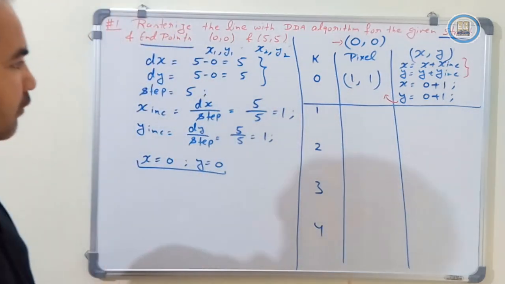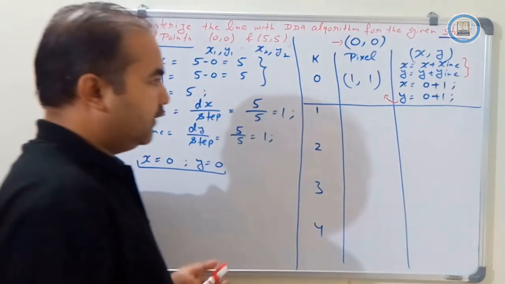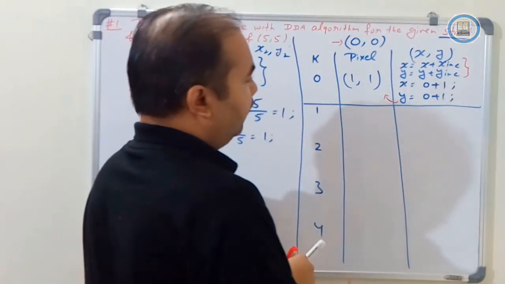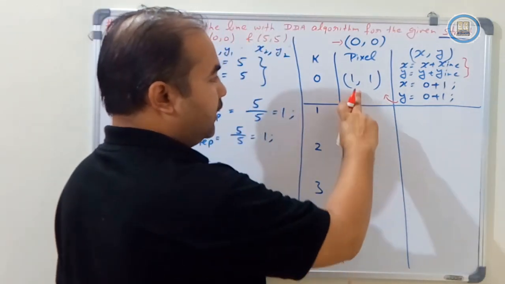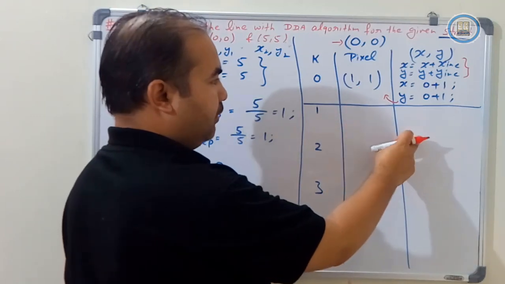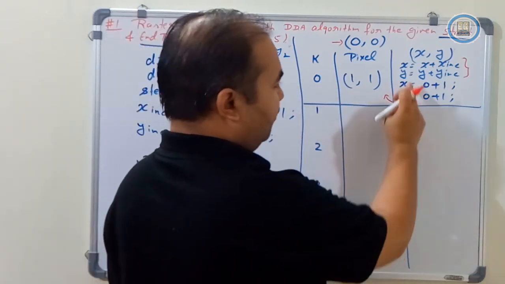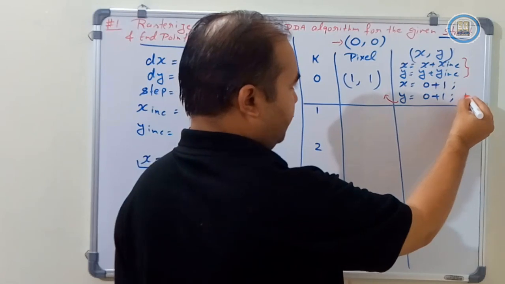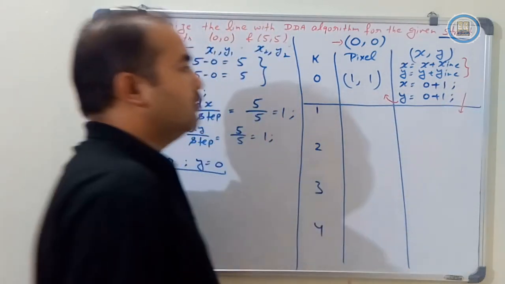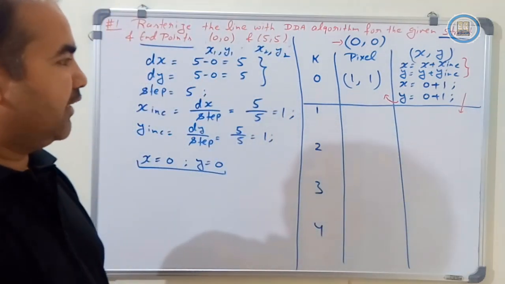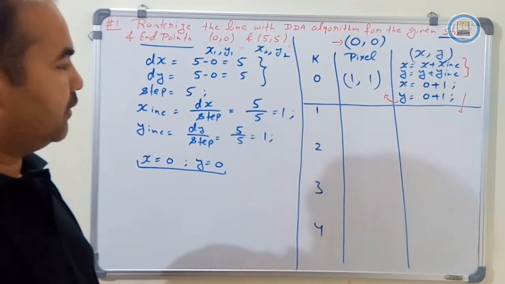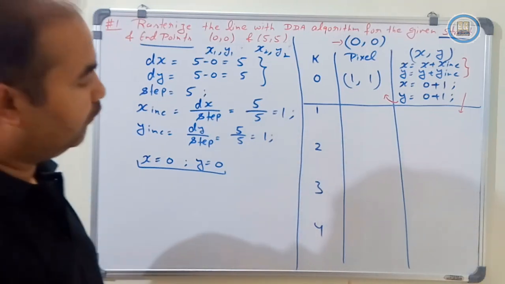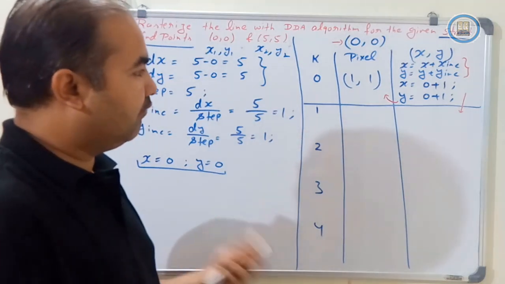The same thing next time we need to again iterate. Now at this time we will not consider this pixel for the calculation purpose. We will calculate the value of x and y from this place only. So the x is 1 and y is 1 at this time. In the present situation, in the second iteration of the loop, the value of x is 1 and y is 1.